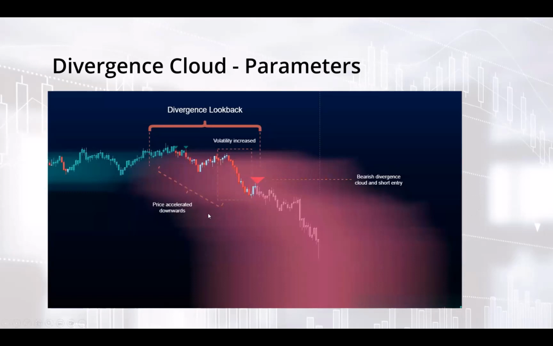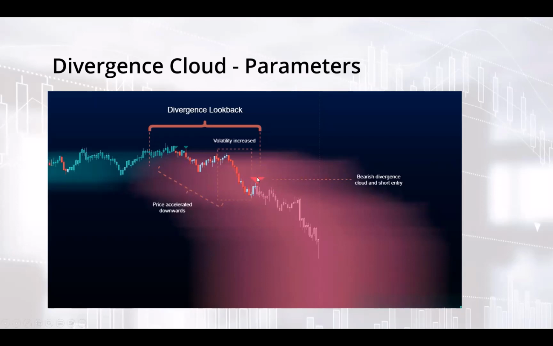In this case, we have bearish divergence, and I'm going to explain why that is. If you remember, bearish divergence occurs if price is starting to move down and volatility is starting to move up, increasing. So how is this measured? Quite easy. Let's say we're here, this big red entry, which is based on bearish divergence.